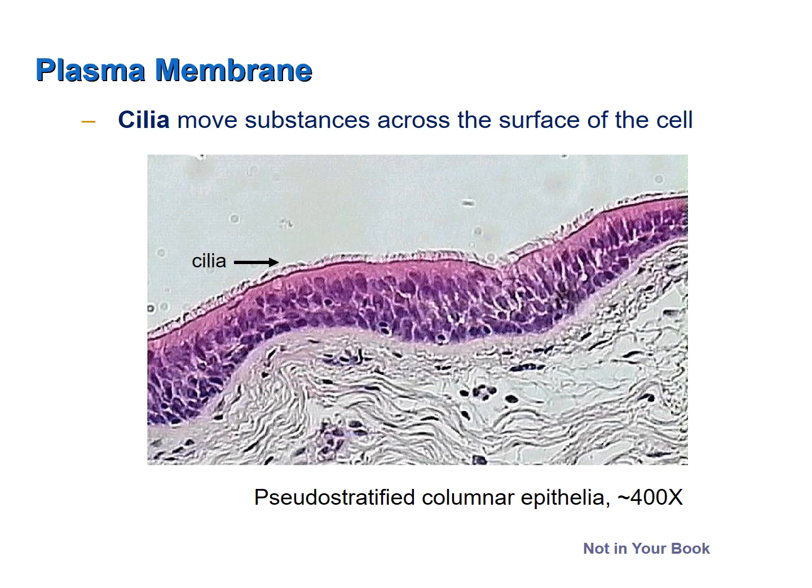Mucus covering the lining of the trachea traps dust particles, bacteria, and other little nasties that come in on the air that we breathe, and the cilia beat to move that mucus with all those trapped particles away from the lungs back toward the pharynx or throat.